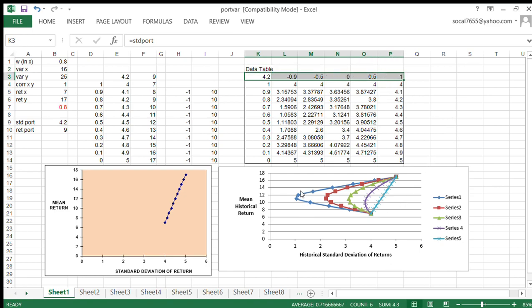This one is minus 0.9, this one is minus 0.5, this is 0, this is 0.5, and this is 1. And this is just showing you the behavior of the feasible set as a consequence of changing the assumption as to the value of the correlation coefficient. And that is pretty valuable information.